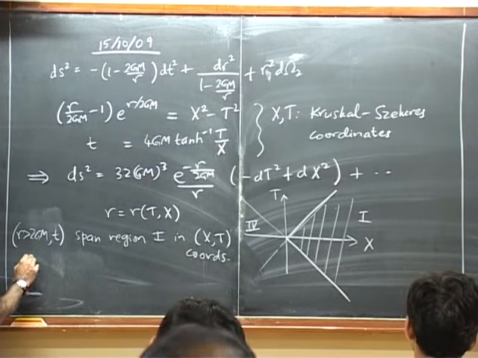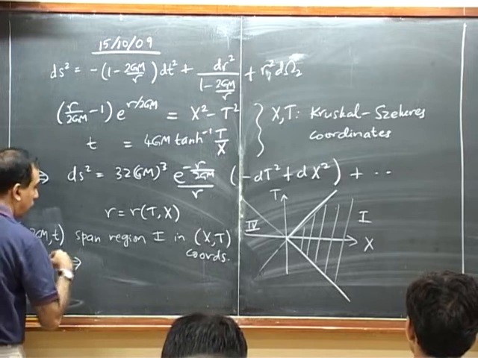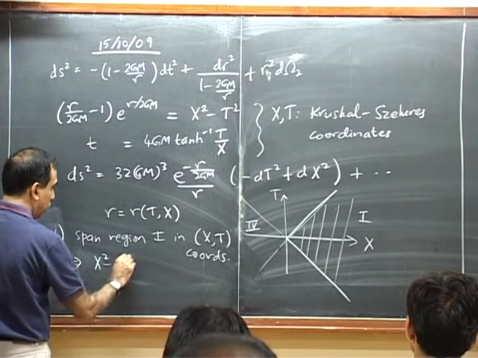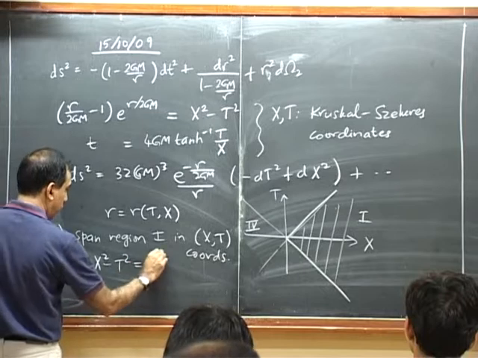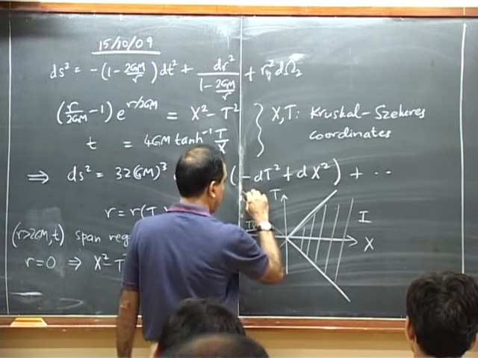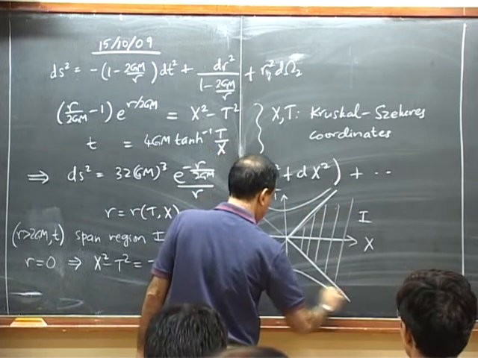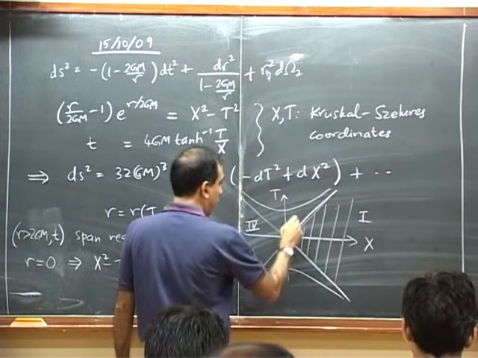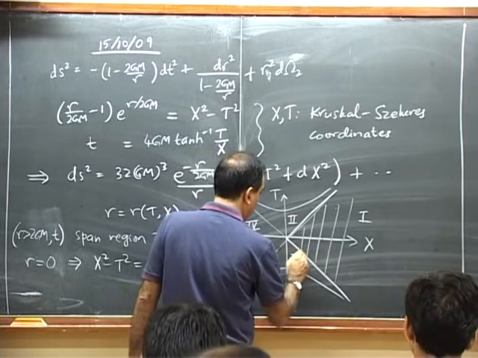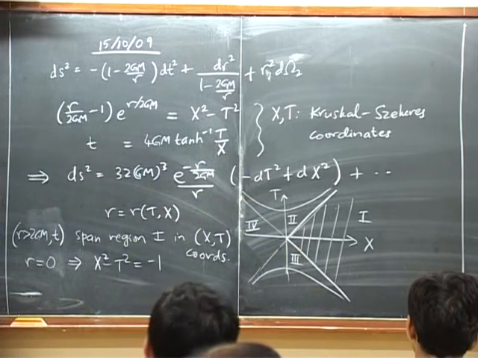Now, r equals 0 corresponds to an entire surface which is x squared minus t squared equals minus 1, and that's here like this as well as here, and this defines regions 2 and 3, and one of the many things we have to do today is to understand all these regions better.